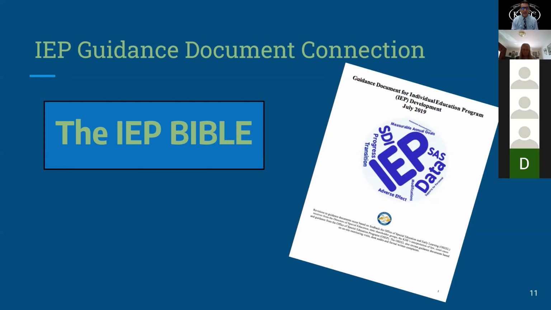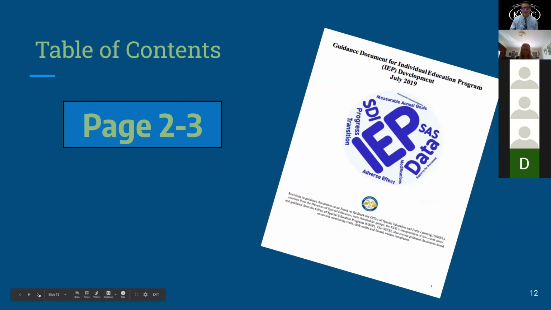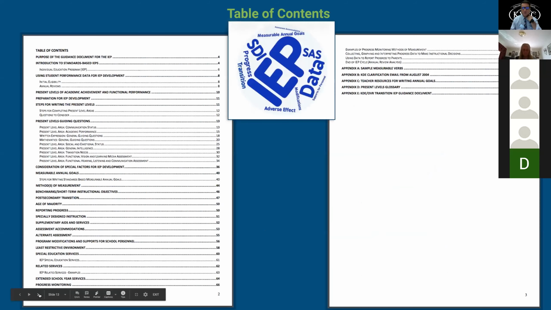When you go on to the next slide, on pages 2 and 3 there's a table of contents. As you see here on the screen, there's the purpose of the guidance document, the introduction to standards-based IEPs, and the fact that we talk about present level, not only in academic achievement but functional performance.